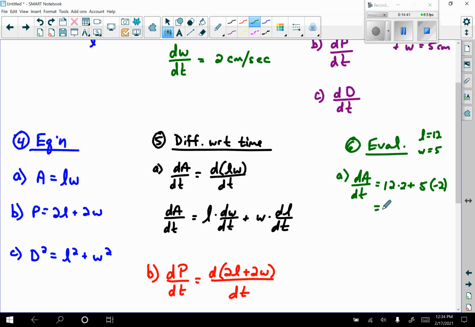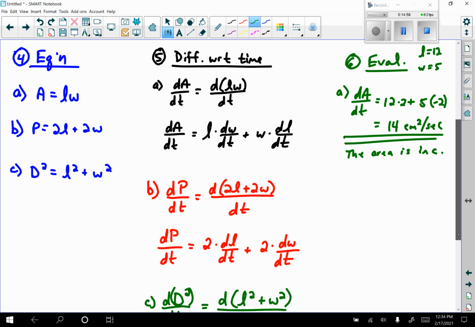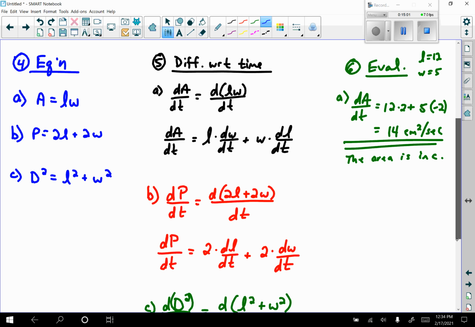So 24 minus 10 will give us 14, and this is area, so square centimeters per second. That is the rate of change of our area. We would say the area is increasing because dA over dt is positive.